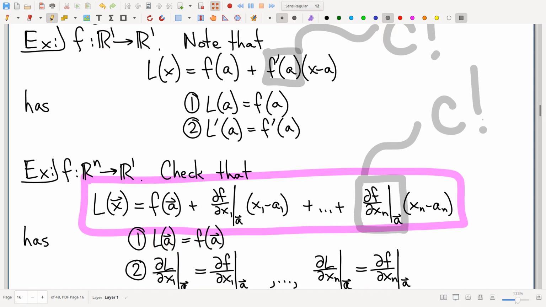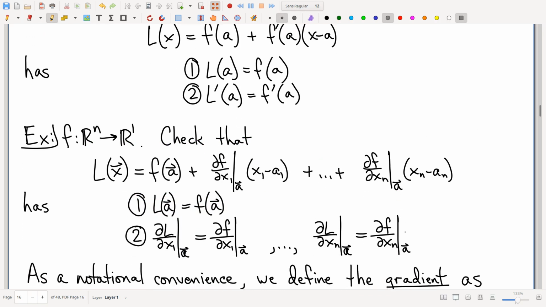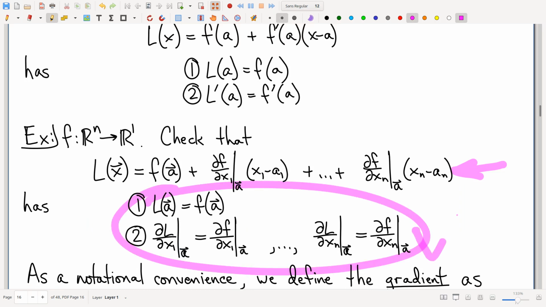It just sits there, right? So when you're taking the derivative of L, don't forget that this partial of f with respect to x_i, evaluated at A, is just a constant. For the purposes of differentiation, you treat this as a constant because it is literally a constant. So keep that in mind. Everything else is just a matter of plugging in. And again, I hope you'll take me up on my suggestion to confirm that this function does what it's supposed to do.